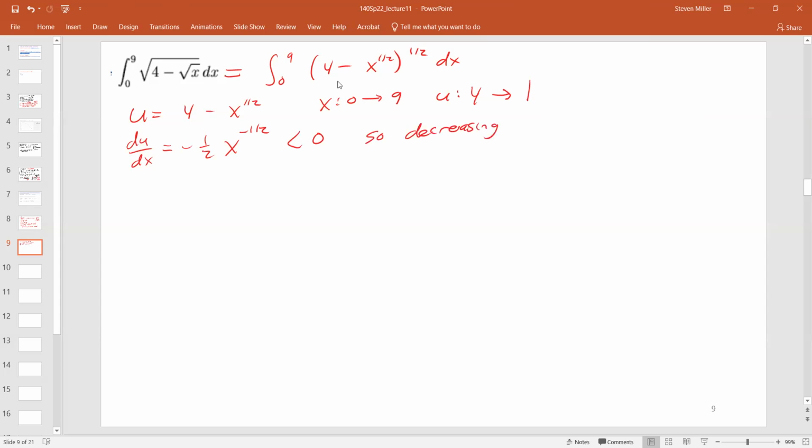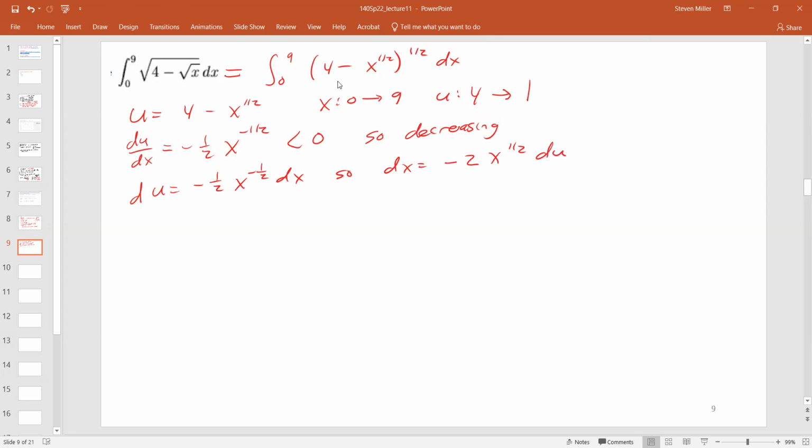Okay, that's good. Now we need to solve for dx. So du is negative 1/2 x to the negative 1/2 dx. So dx is negative 2 x to the 1/2 du.